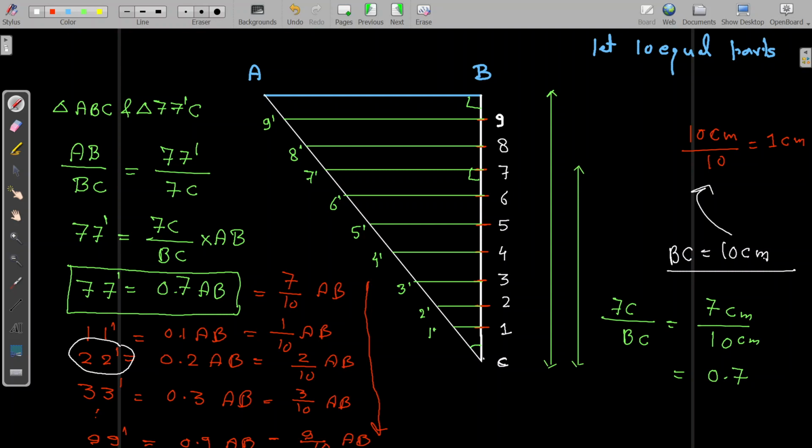So if I am going from 1 dash to 2 dash, it is increasing just by 1 by 10th of AB. Similarly, 3 dash is 3 by 10 of AB. So this is the principle with the help of which we are easily able to divide this line AB into 10 equal parts. This is the basic principle on which the diagonal scale works.